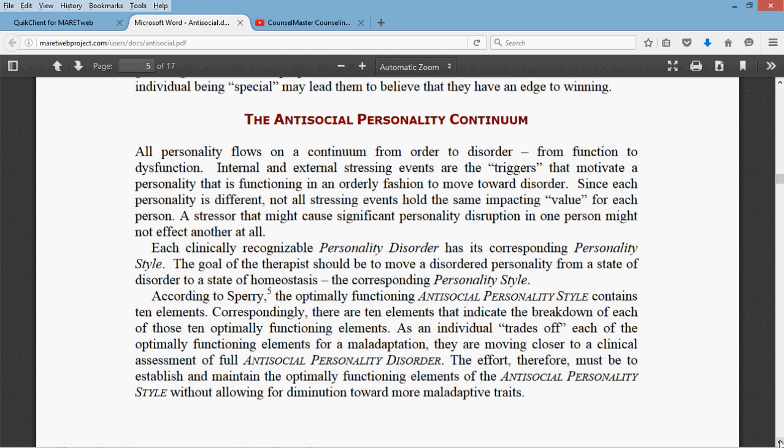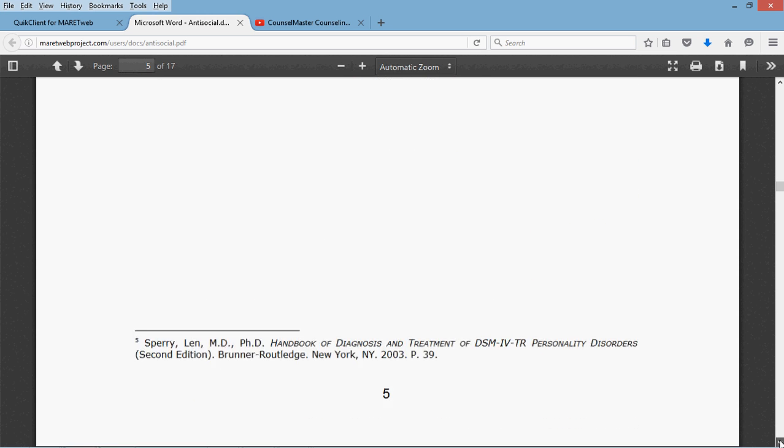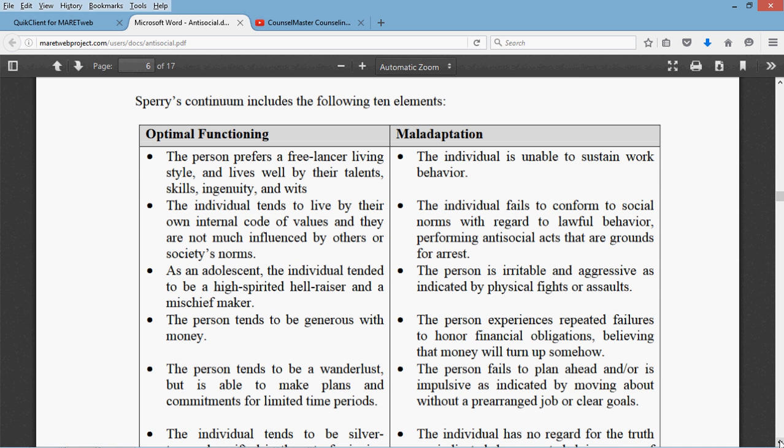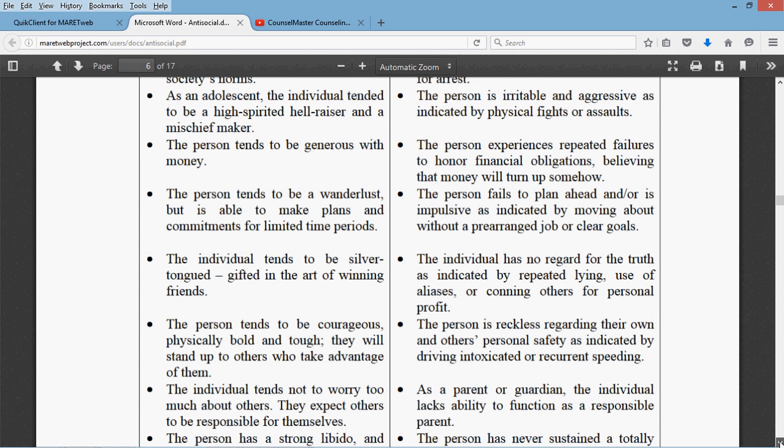Antisocial personality continuum. Now, the whole basis of the PSA is that there is an optimal functioning side, which will give you a score for construct, and then there's a maladaptation side. Now, these are the A, B, C, D classifications on the printout, and they are matched with each other.